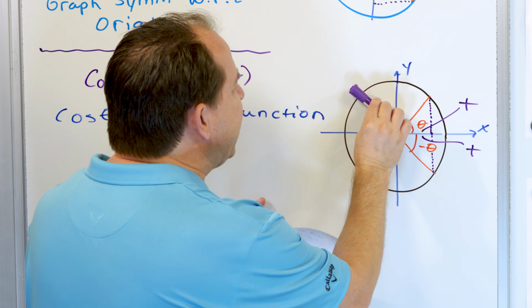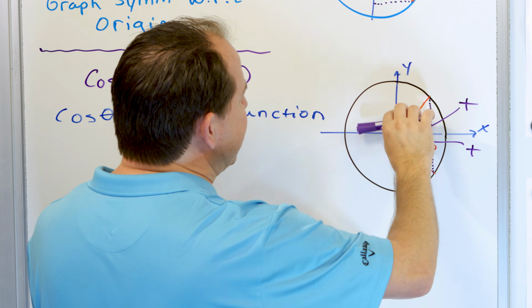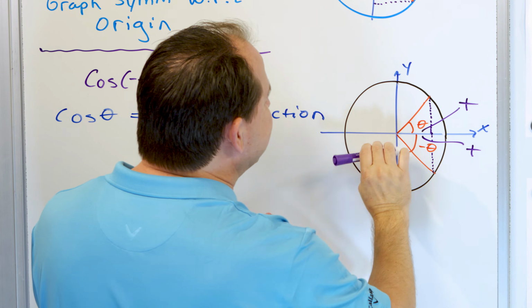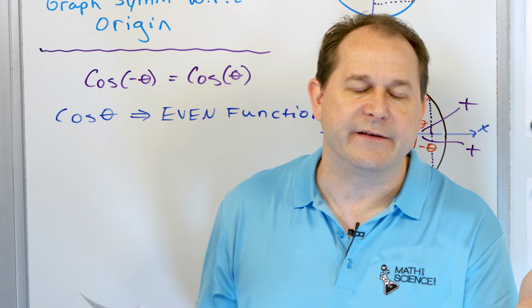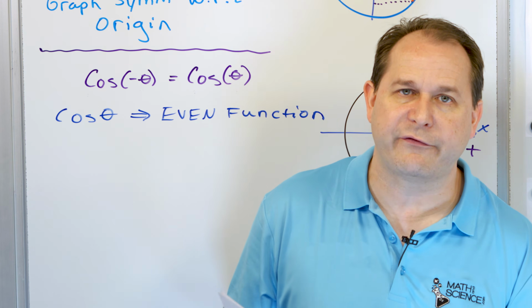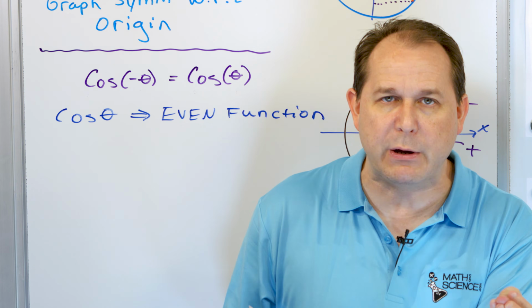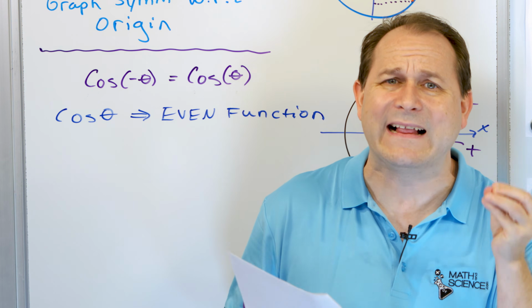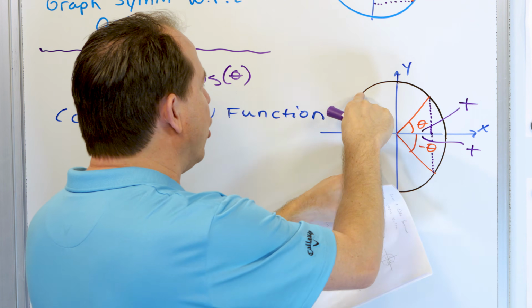If the angle is over here, it's going to project down to being a negative cosine. And then if you have the same angle down below, it's going to project to being a negative cosine. So no matter what the angle is, no matter if it's a positive angle or an angle on the other side of the unit circle, if you take a positive angle and a negative angle and take the cosine of both of those, you get exactly the same answer because you're always projecting onto the x-axis, either over here or over here.